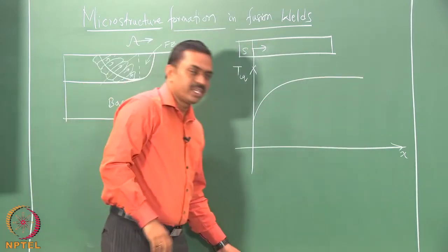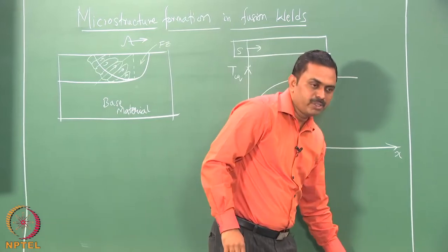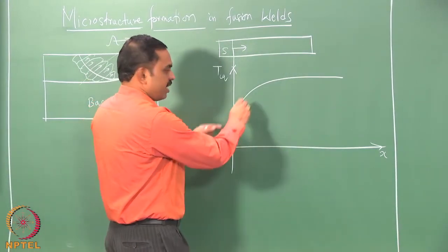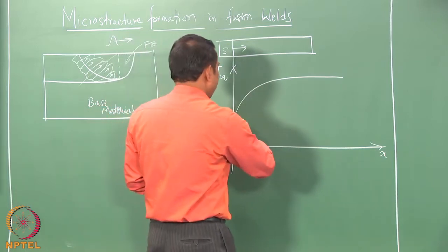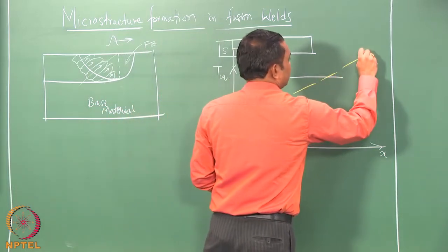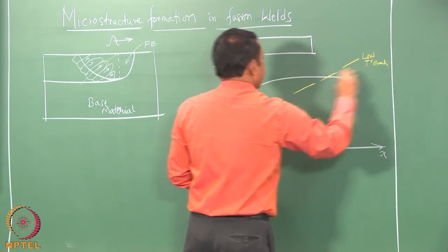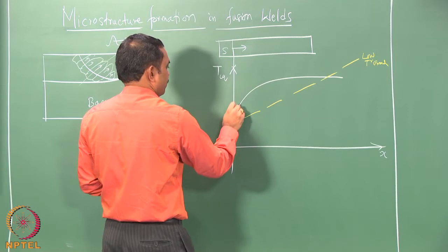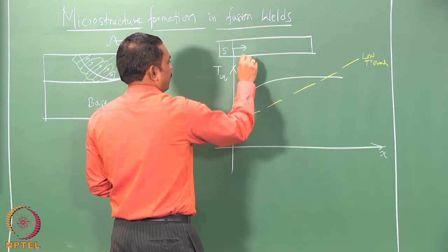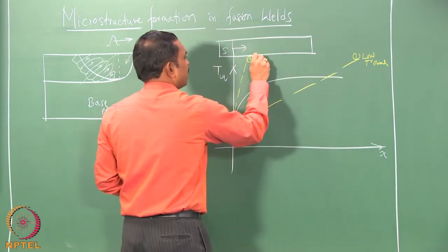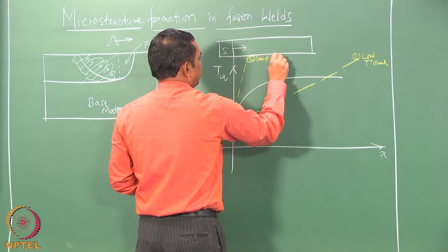And then we asked a question: what happens when the imposed temperature has a gradient that is either shallow or steep? If it is shallow, this is a low temperature gradient, and if it is steep, this is a steep temperature gradient.